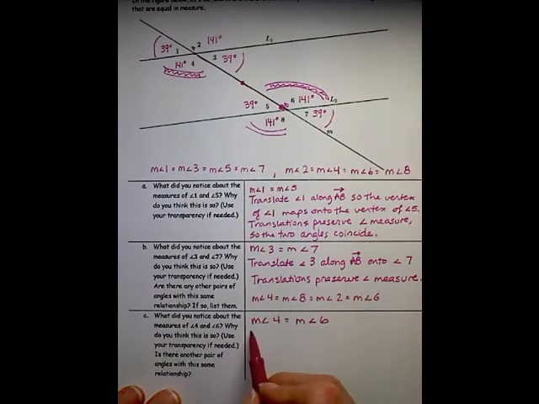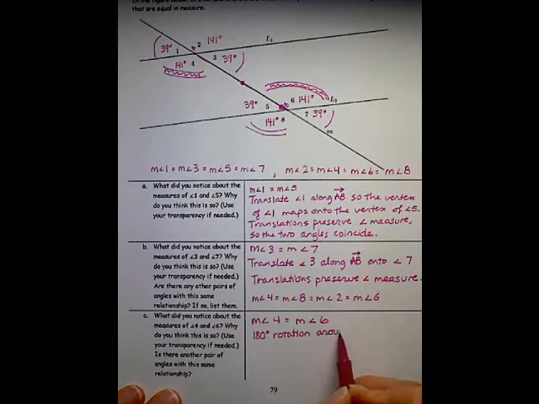We know this because we did a 180-degree rotation around point M. And we know that a rotation results in congruent angles because angle measures are preserved.